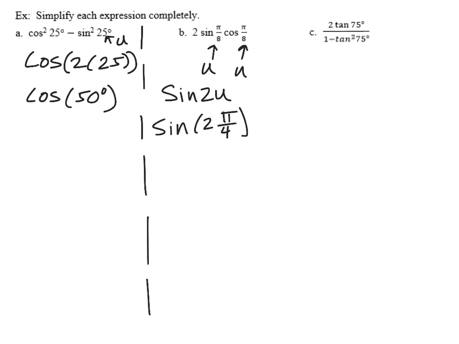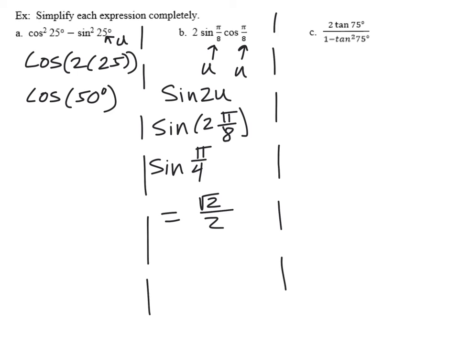Whoops, jeez, just getting ahead of myself, giving away the next step. This should be 2 times pi over 8, which, when I simplify that, is the sine of pi over 4. Now, this is a different scenario than part A, where I get to this point and I have the trig function of a single angle. Can I do anything with that? Pi over 4 is a totally different story from 50 degrees. I go to the unit circle. That is square root of 2 over 2.